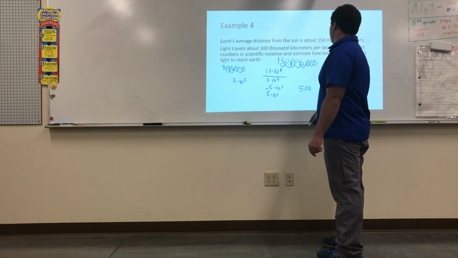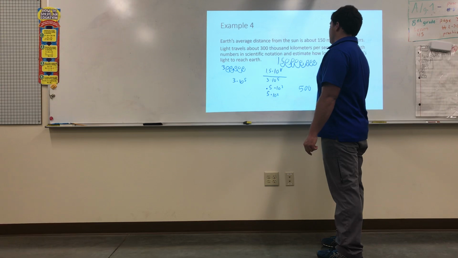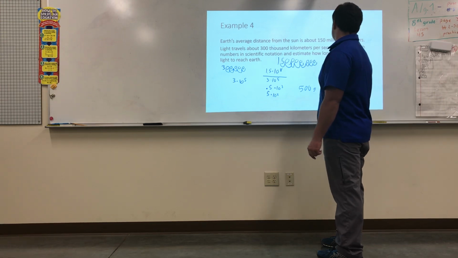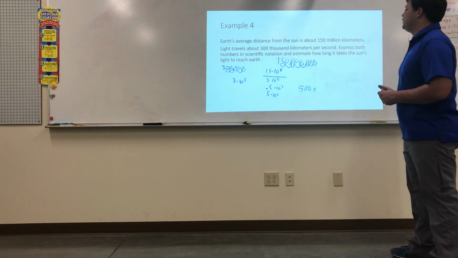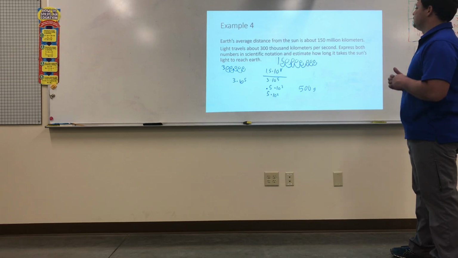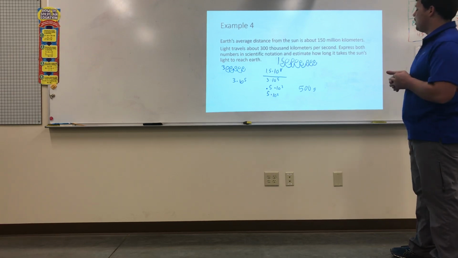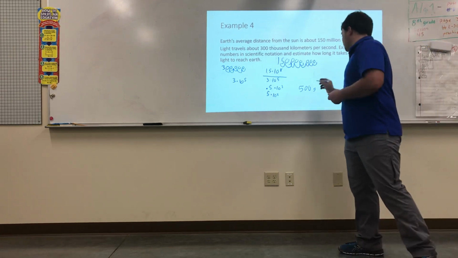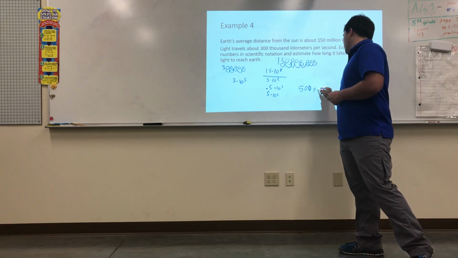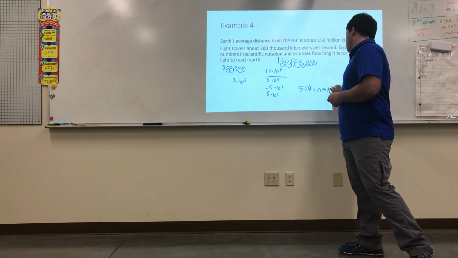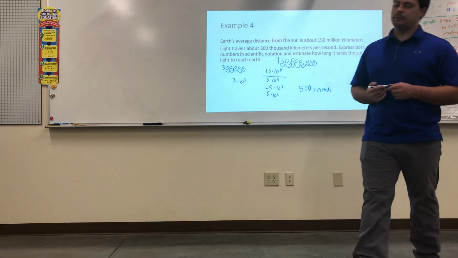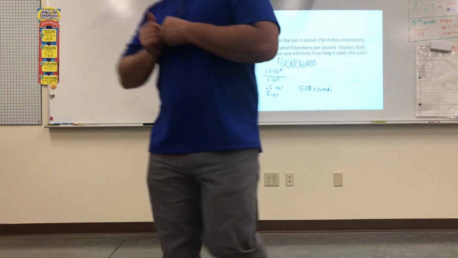If you were traveling at light speed, it would take you about 500 seconds to get to the sun. Which, if you want to reduce into minutes, you divide by 60.